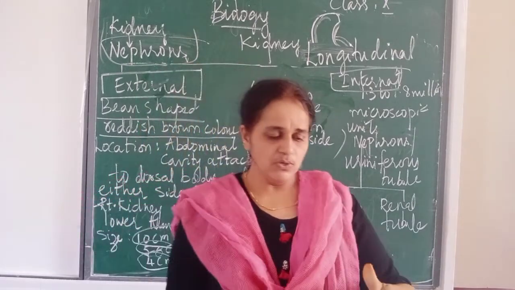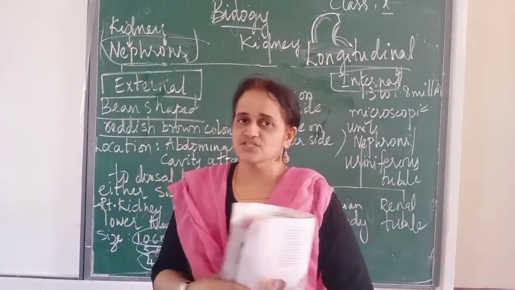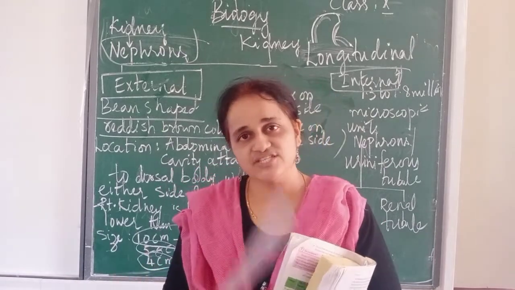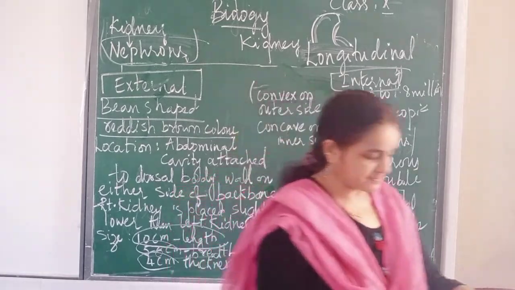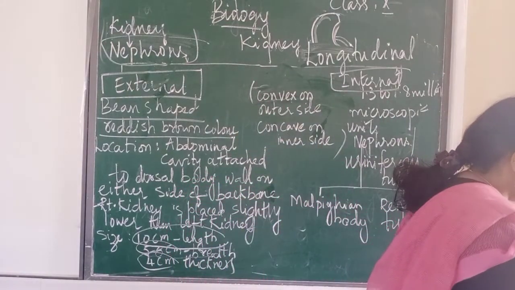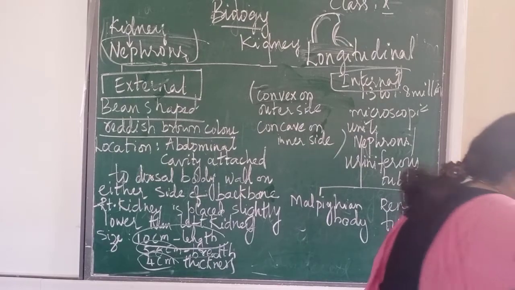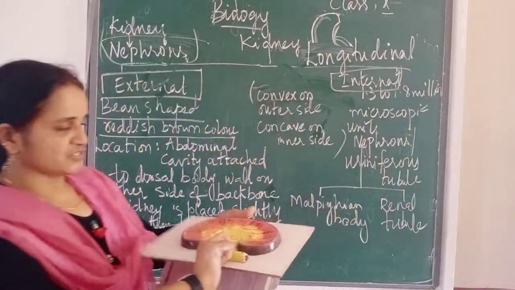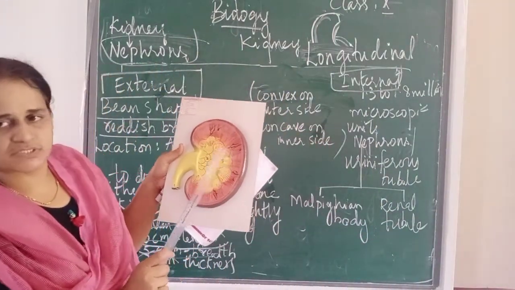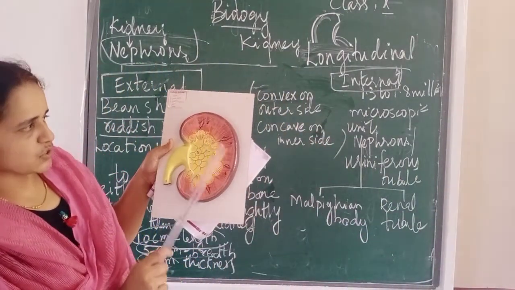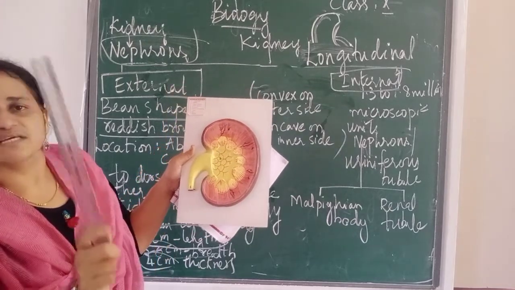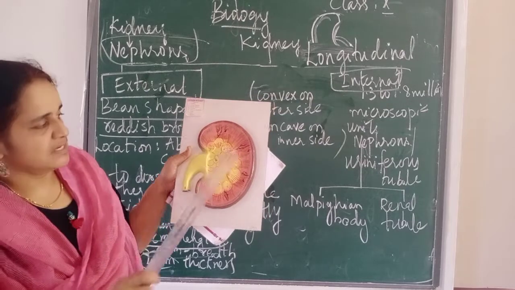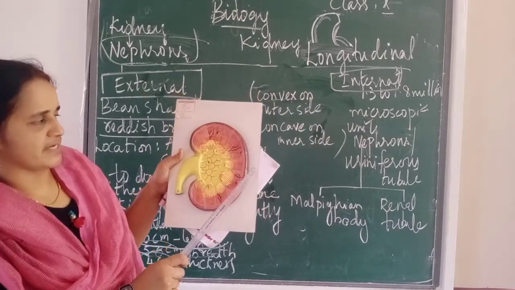So we will see now the structure of kidney. External or internal now? We will go to the internal structure of kidney. When you see the structure of kidney, remember each kidney is made up of two zones. Can you see here one orange zone and here one yellow zone? That means each kidney has two zones. The outer one is called the cortex.